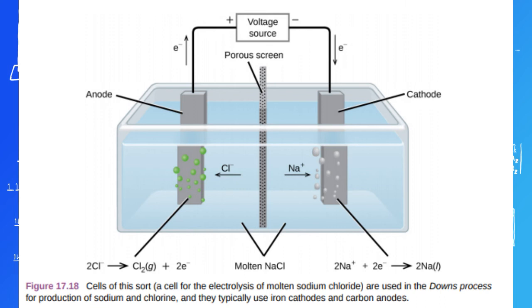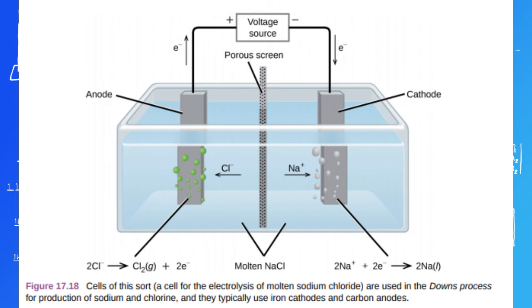You plug in a voltage source, a battery basically, and you create an anode which is connected to the positive side of your voltage source this time, and a cathode which is connected to the negative end of your voltage source. Remember, with a galvanic cell, the anode was the negative side while the cathode was the positive side.